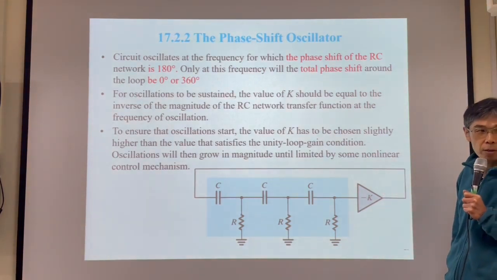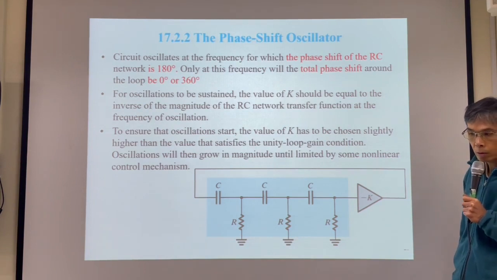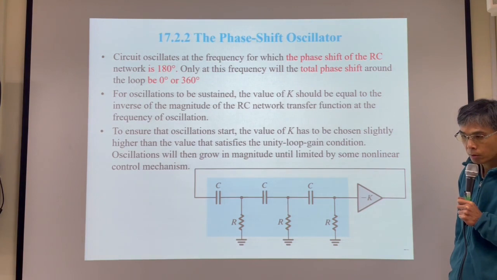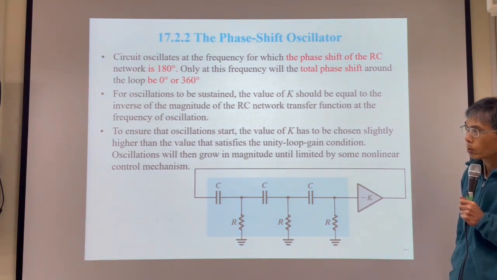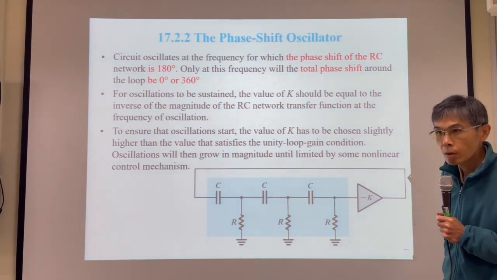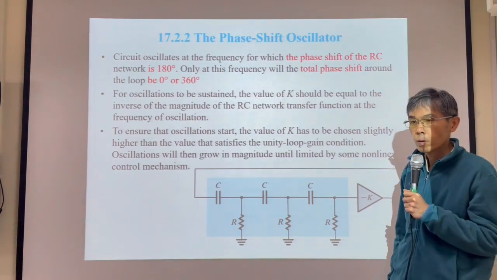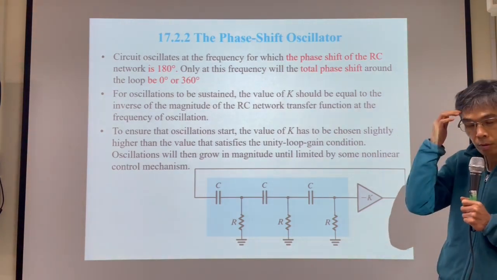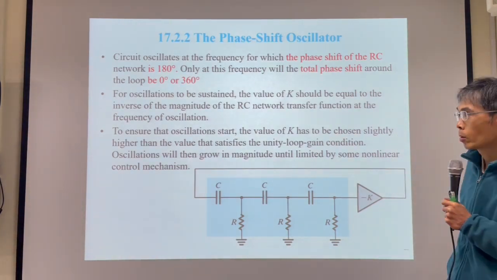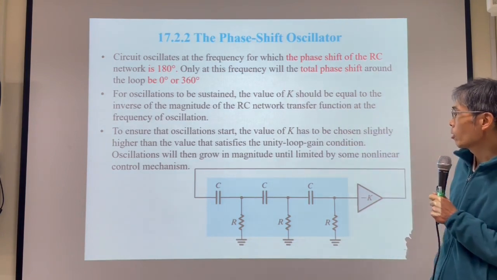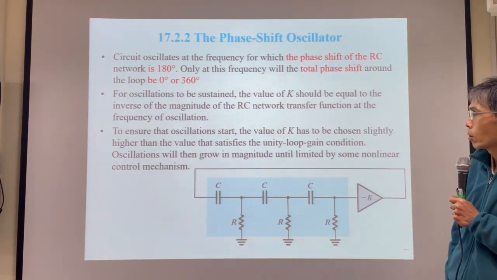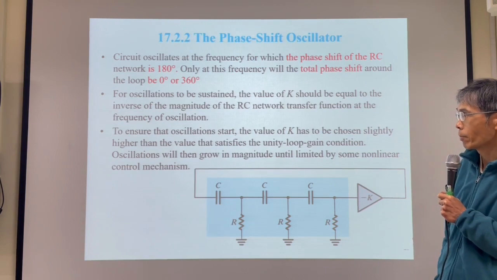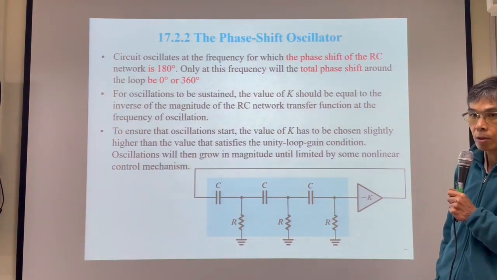Because the oscillator works on positive feedback, so we need K positive. If we get positive feedback, we will get a 360 phase shift.